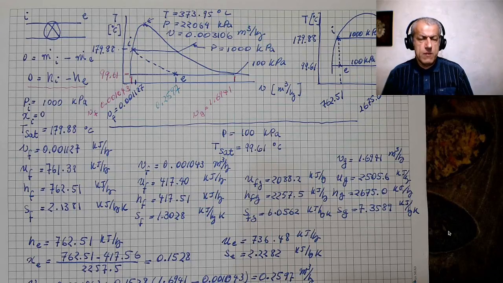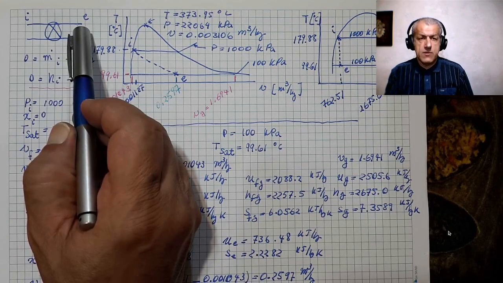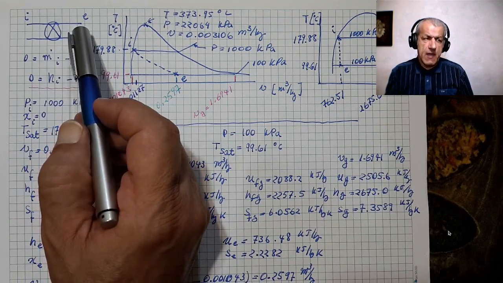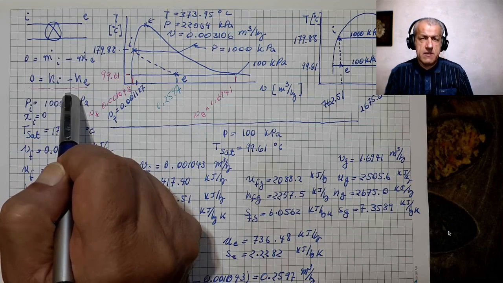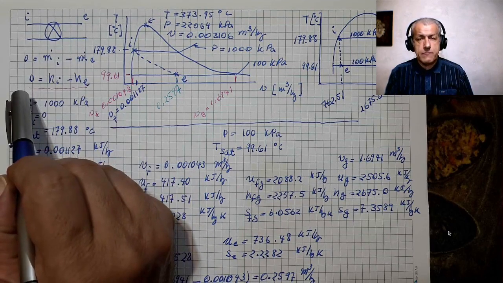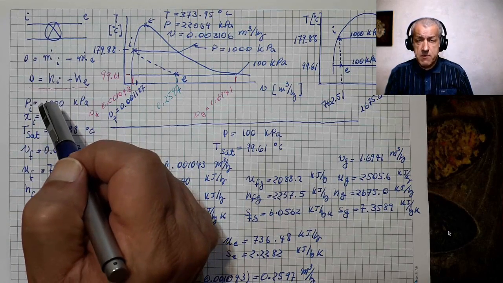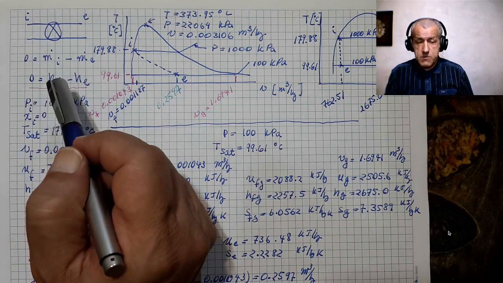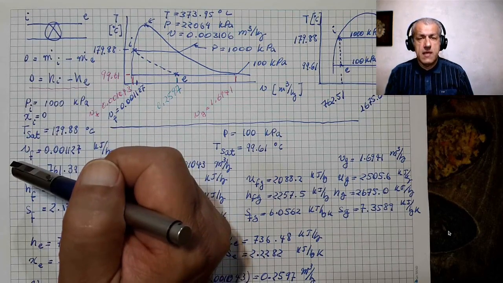Greetings. In the previous video, we made an assumption in the first law that the inlet and exit velocities for a throttling valve are the same, and managed to simplify the first law of thermodynamics to a very simple conclusion that Hi equals He, which means that although the pressure changes at the two sides of the throttling valve, and also the temperature changes, our assumption was that the velocity remains constant, and therefore Hi equals He.